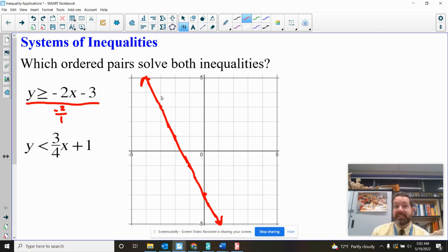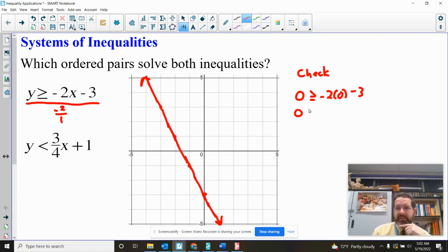We can also, again, do a test point. I recommend using 0, 0 as a test point. So why don't we do that over here real quick? The shading is going to be above, which means when I do 0, 0, I should get something that is true. So here is our test check. Put a 0 in for the y. Put a 0 in for the x. We're trying to see if we get something true or something false.